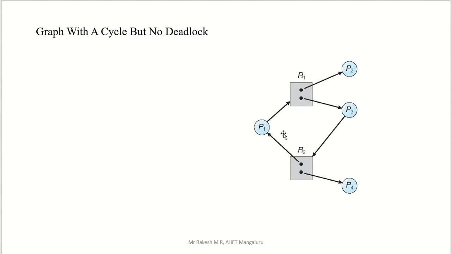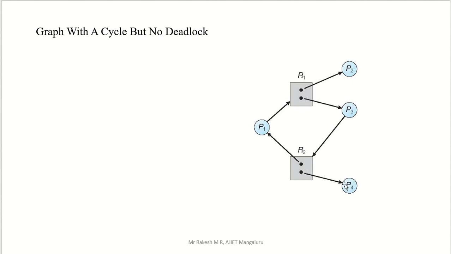Here there is no deadlock, because you can see P1 is requesting R1, but R1 is allocated to P2. Another R1 instance is allocated to P3. P3 is requesting R2, but one instance of R2 is allocated to P4. Now is there a deadlock? No. P4 we can complete easily because R2 is already allocated to P4. But P3 is requesting, right?